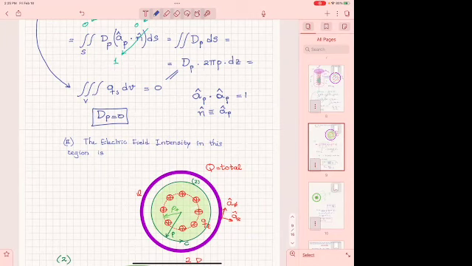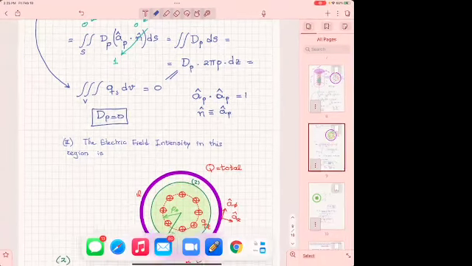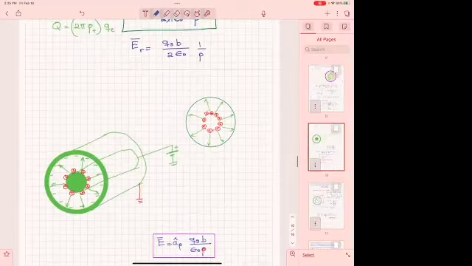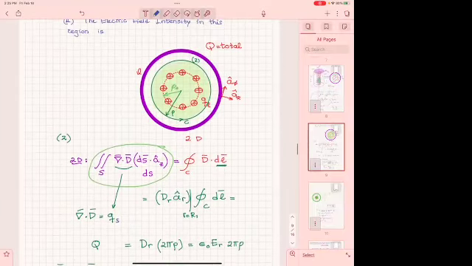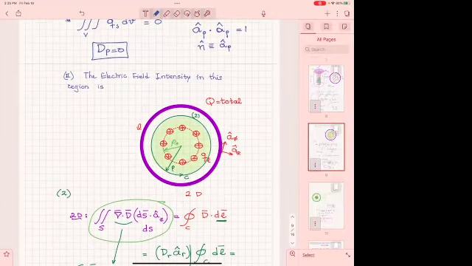Okay, let's now consider region 2. We found that inside the charges, the field is zero. However, now let's see what happens between the charges and the conductor.